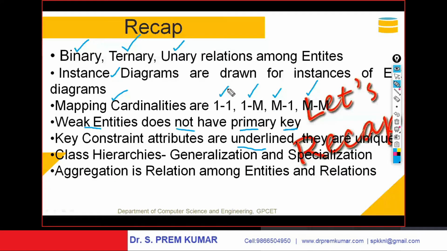That employee is a contract employee, that is called an is-a relation, and that is a specialization. If I just say employee, that is called generalization. If I give further classification, that employee is a contract worker, a daily wage worker, a regular worker, then we say these are specializations.